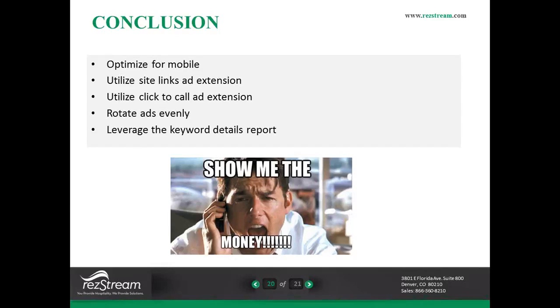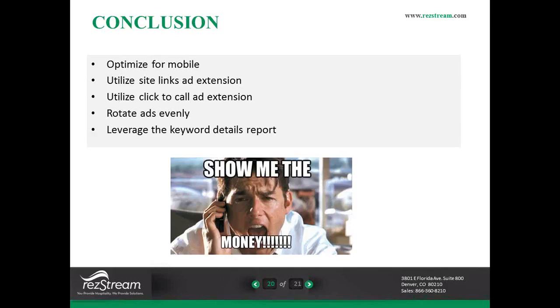Utilize click-to-call ad extensions so that you're giving those mobile users the opportunity to get connected to your property as soon as possible and to get those questions answered. Rotate those ads evenly so that you're not blowing through your budget within a few hours each day, and that you're really trying to maximize your exposure throughout the entire 24 hours.